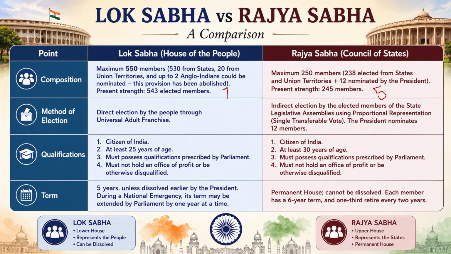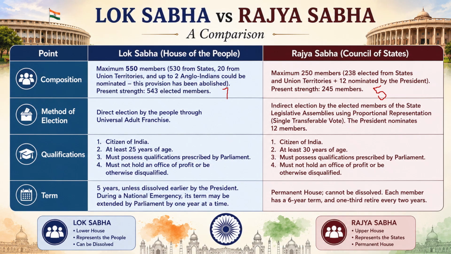So each member has a term of 6 years. We will not be saying the Rajya Sabha has a term of 6 years. No. We'll be saying each member has a term of 6 years. Now, why is it different? Because one third of members retire every 2 years.